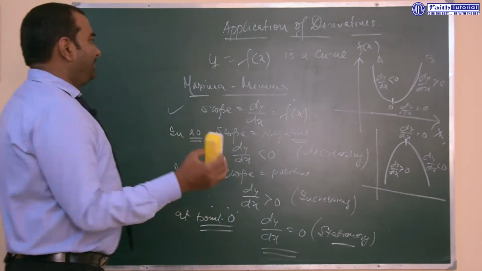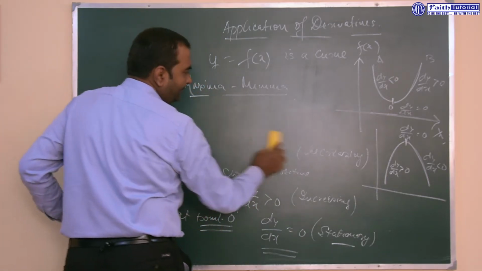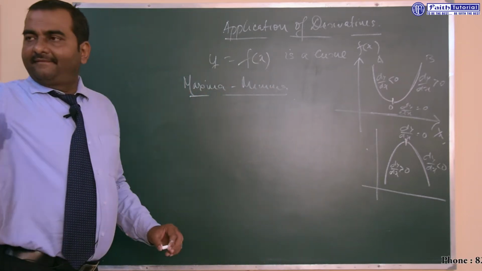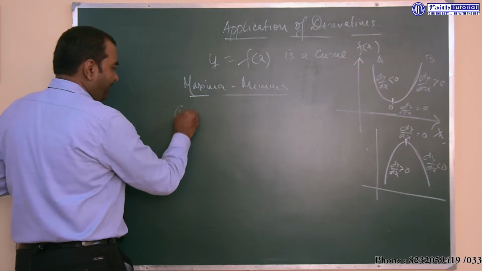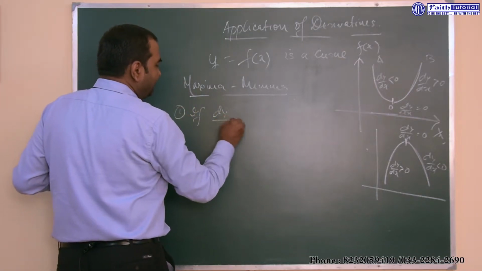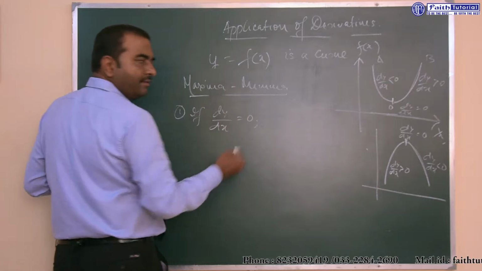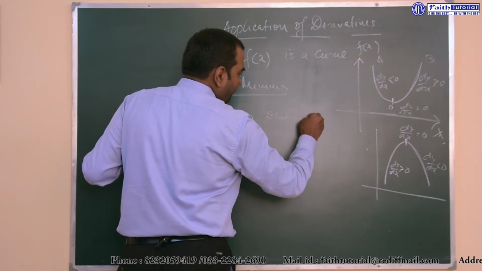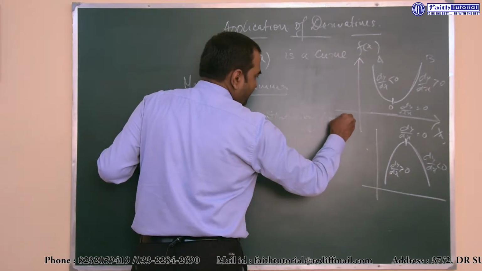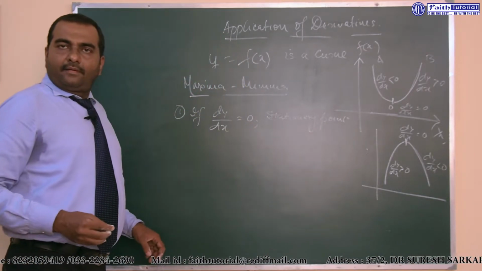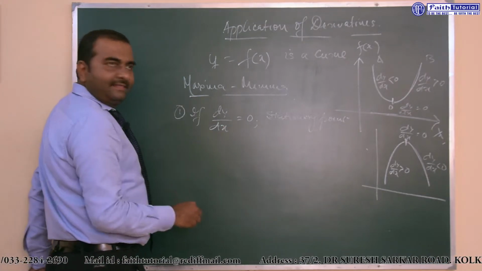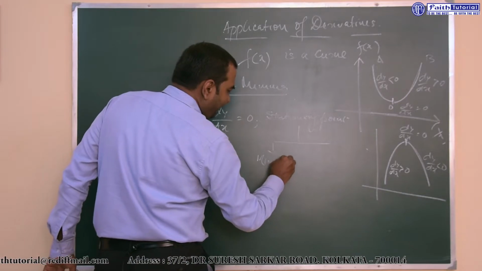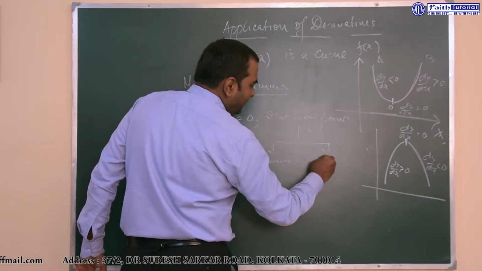That means if dy by dx equals 0, it's called the stationary point, which can either be the maximum point or the minimum point.